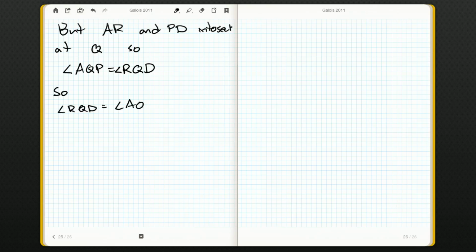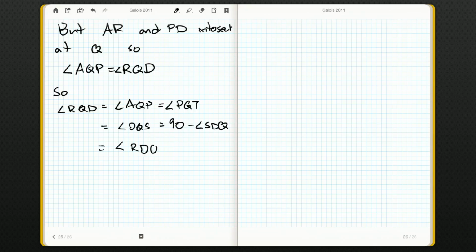So RQD is equal to AQP, which is equal to PQT, which is equal to DQS, which is equal to 90 minus SDQ, which is equal to the other angle that we want, which is RDQ.